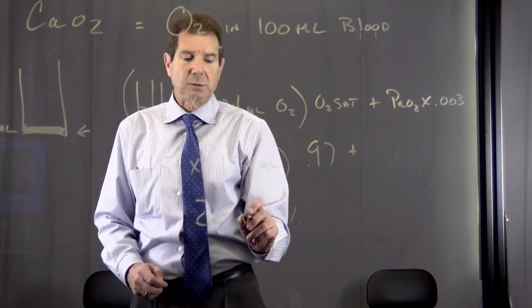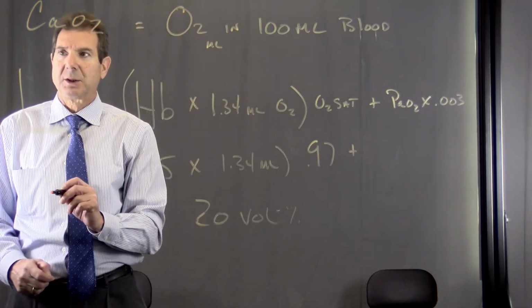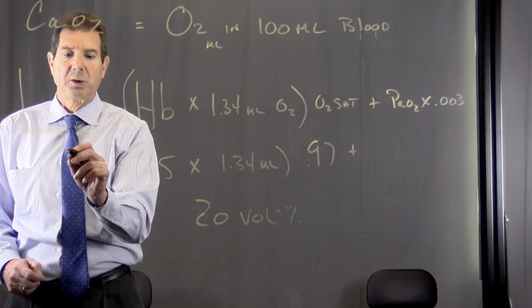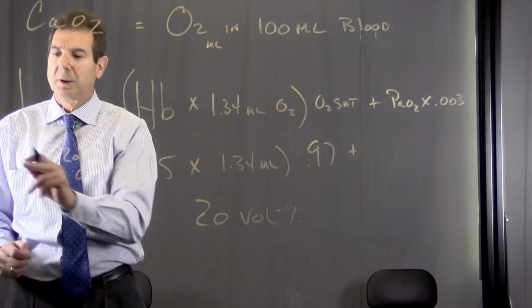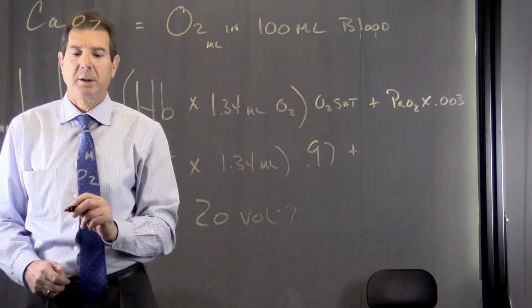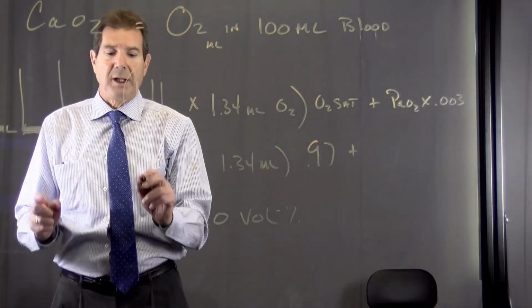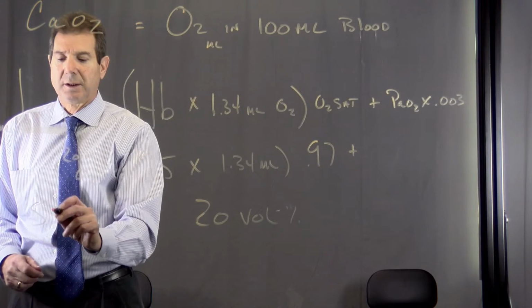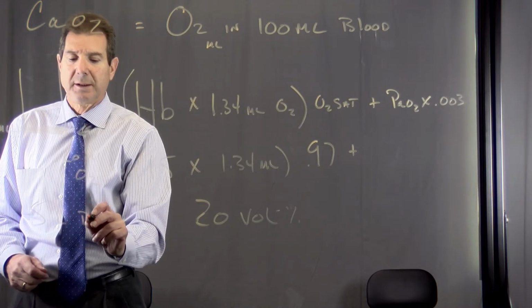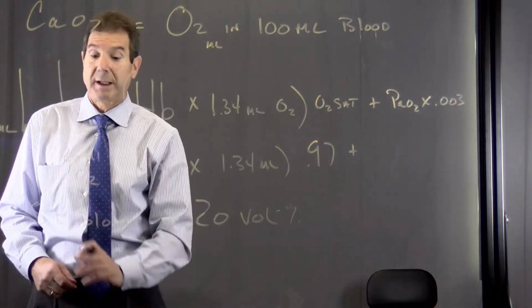Then what that means is in 100 milliliters of blood, we have 20 milliliters of oxygen. And for a normal person, they have about 5 liters of blood that is circulating round and round in their body.